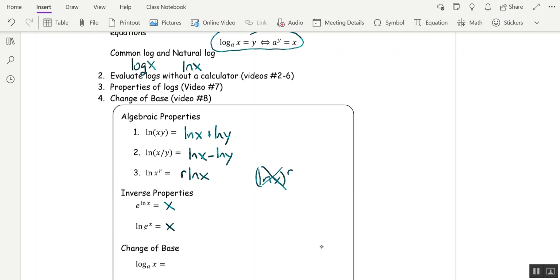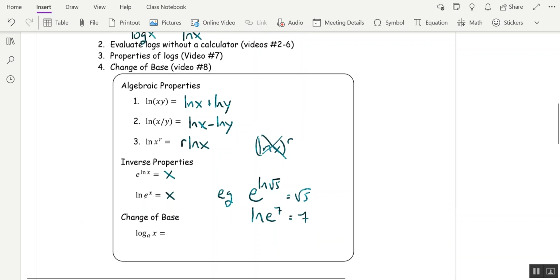Log undoes exponentiation. So for example, e to the ln, I don't know, root 5 is root 5. And we'll use this property later to solve harder equations. And also I'll do another one in the other direction. Ln of e to the 7 is 7.